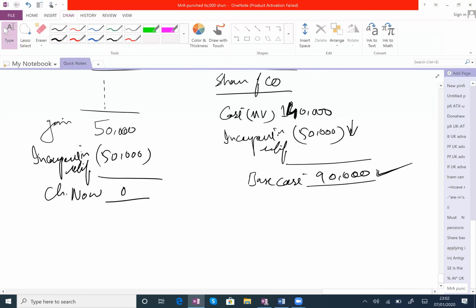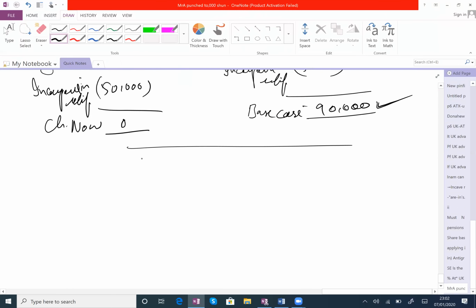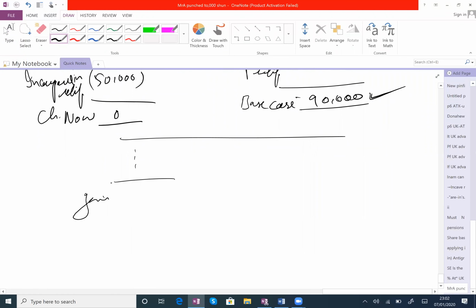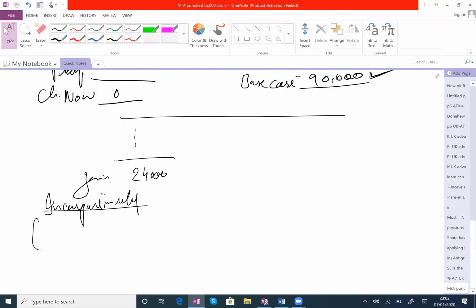Firstly, tell me the direct gain of the business, disposal proceeds minus cost. Gain is 24,000. This gain will be deferred by incorporation relief. How much incorporation relief is available depends, because in this question cash is also received along with shares.